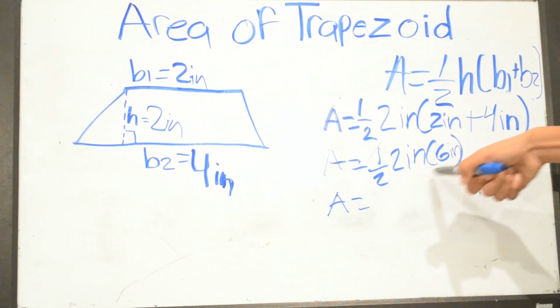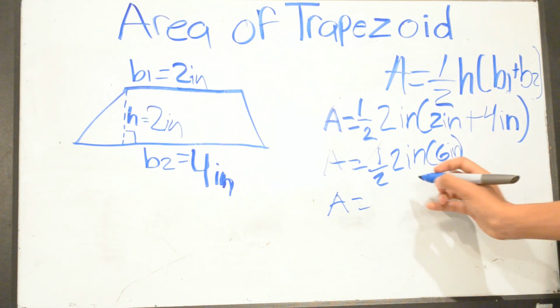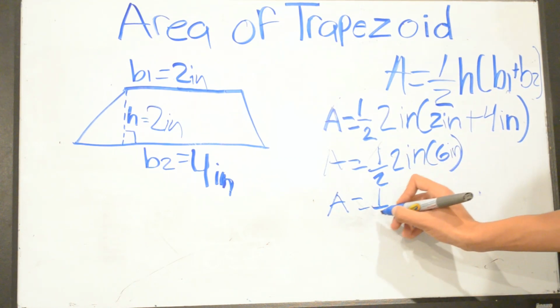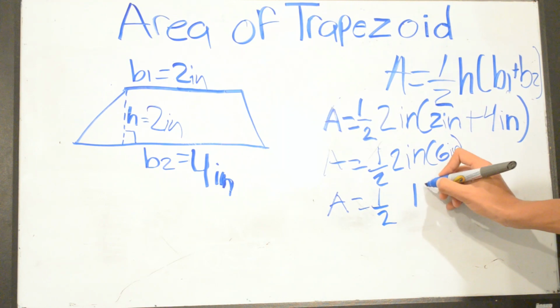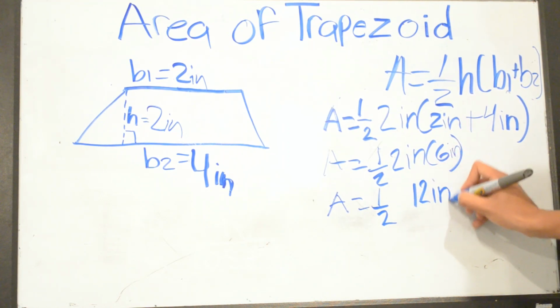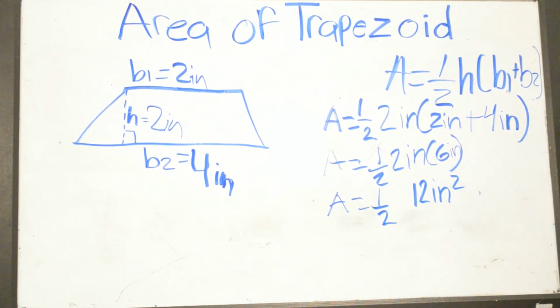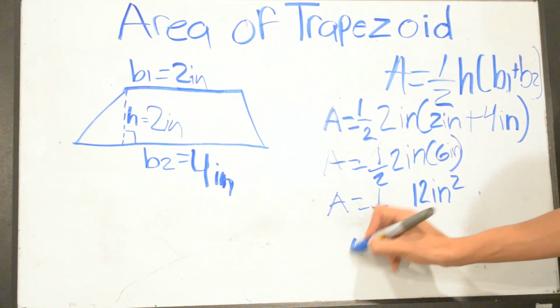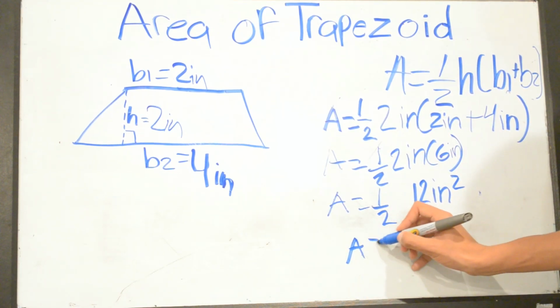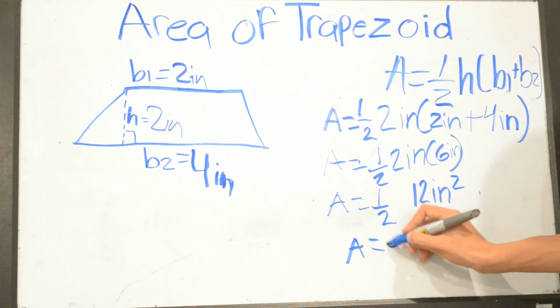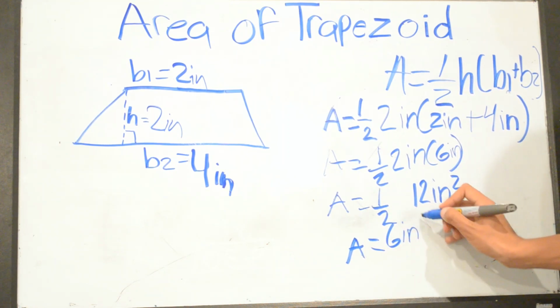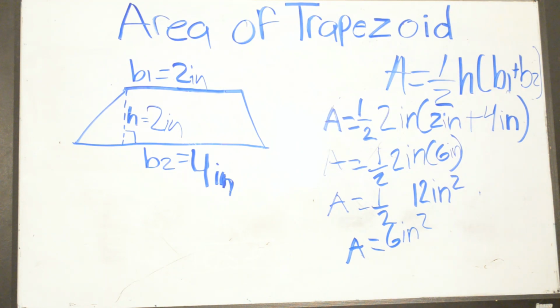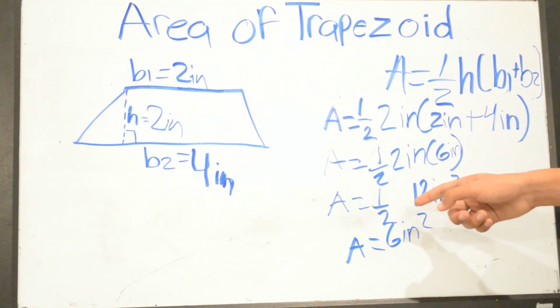So 2 times 6 inches is going to be 1/2 and 12 inches. Now we divide 12 divided by 2. 12 divided by 2 is 6 inches squared. So our final answer is 6 inches squared because we divided 12 by 2.